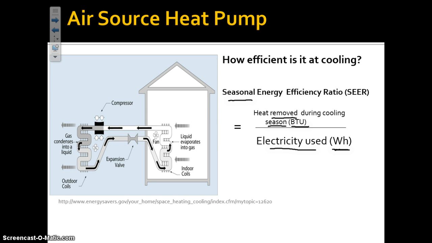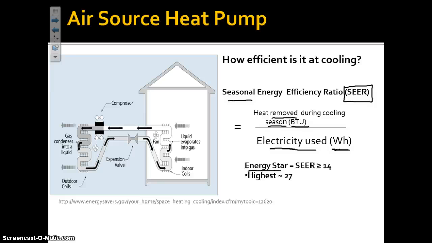All right, you'll almost always hear this referred to as SEER. So you'll see a 14 SEER, 15 SEER, whatever. The EPA has efficiency standards called Energy Star standards, okay? They tell you that you have to have a minimum rated efficiency in order to get the Energy Star label, which means effectively they're relatively efficient.